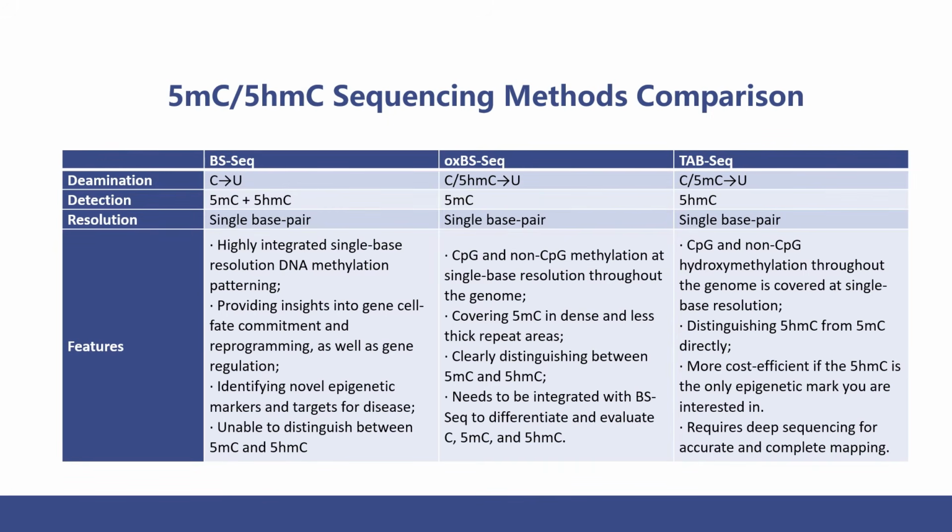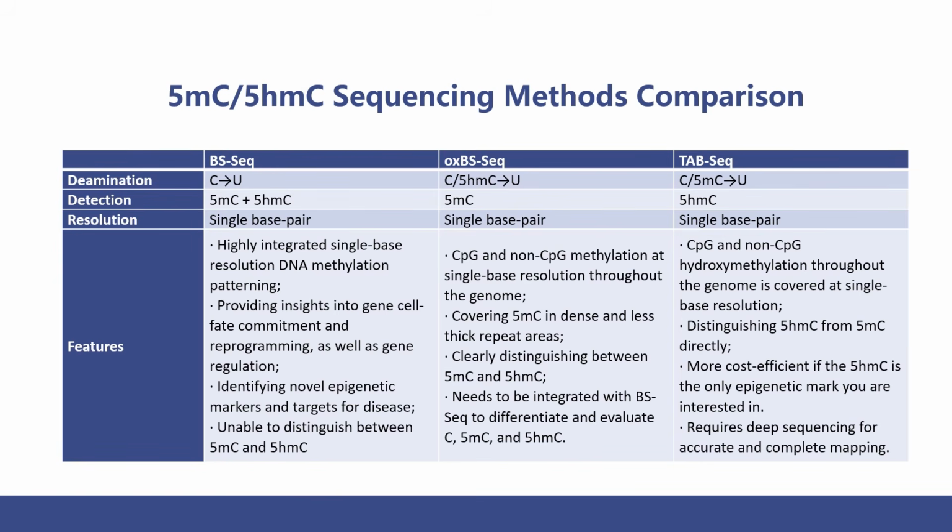Bisulfite sequencing uses bisulfite to treat DNA to deaminate unmethylated cytosine into uracil, which is then sequenced. The bisulfite-treated and untreated sequenced samples are compared to find the methylated sites. However, bisulfite sequencing is unable to distinguish between 5-methylcytosine and 5-hydroxymethylcytosine.